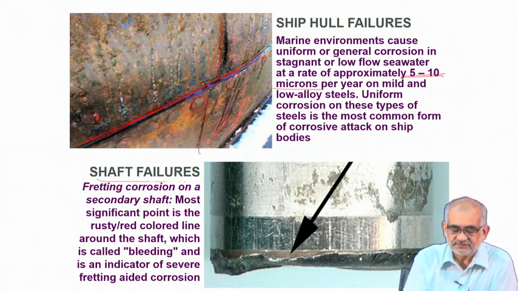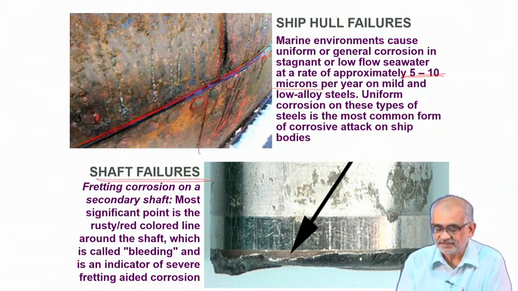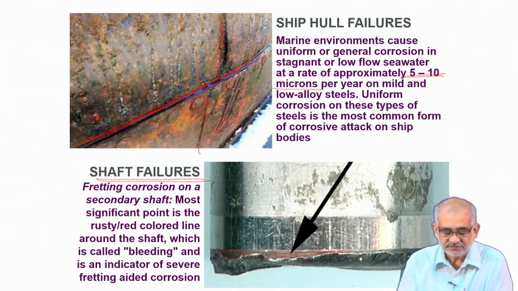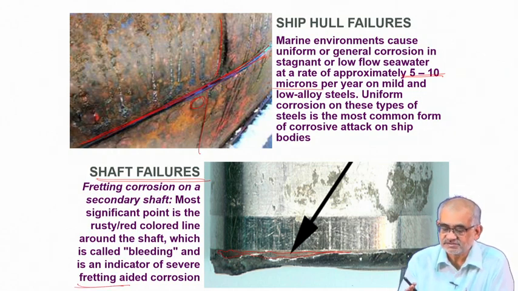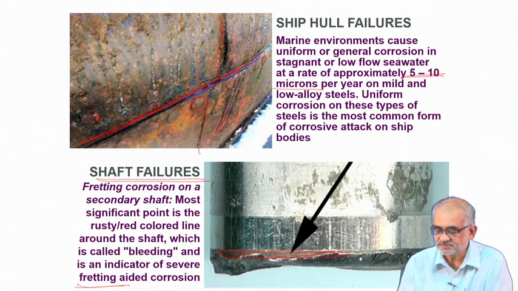We can also see a failure in the shaft, where, for example, this portion is known to have undergone so-called bleeding, which essentially happens because of the fretting action, the reciprocating action. So this is a shaft which is rotating, and during rotation the coating on the surface is peeled off.